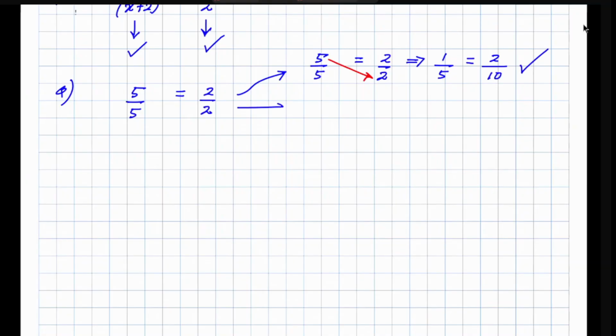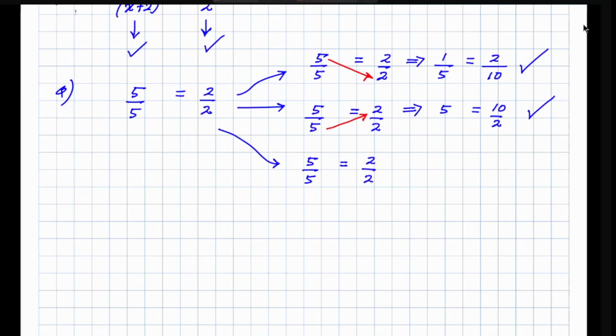Also, you can do this. So you have 2 divided by 2. If you want, you can just put this guy there. If you do that, you will have 5 here, then 10 divided by 2. Still correct. Or you can do both. 5 divided by 5 is equal to 2 divided by 2.